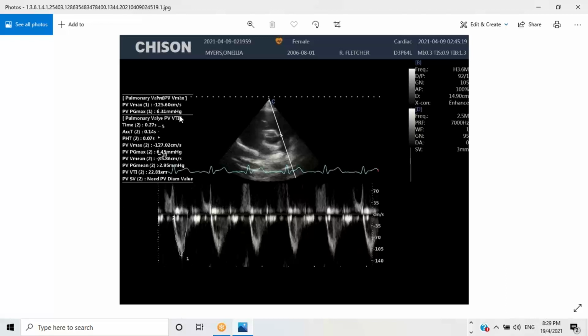So you can get information such as the peak gradient. Okay, you can get information such as the mean gradient.